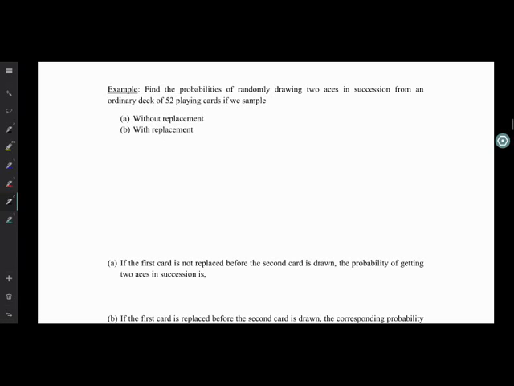So when you are going to pick a card, either it will be an ace or not. So probability of selecting an ace or probability of not selecting an ace. Since there are 4 aces out of 52, the probability of selecting an ace will be 4 out of 52.